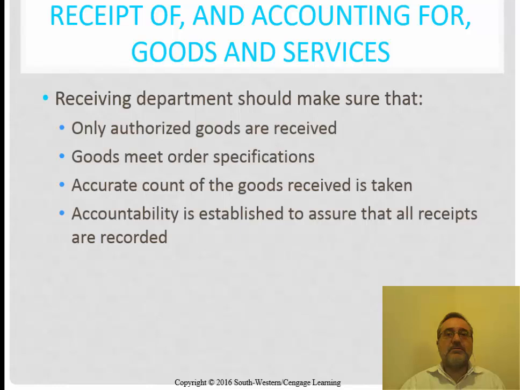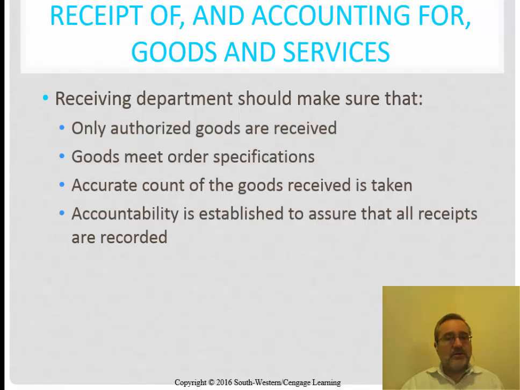In a well-run receiving department, as items come off the truck, essentially what the receiving department is going to do is they're going to consider opening some of the boxes. Sometimes that's not appropriate, but they're going to count the items, compare that to the packing slip, go to the purchase order within the system, and record the receipt of what was actually received.